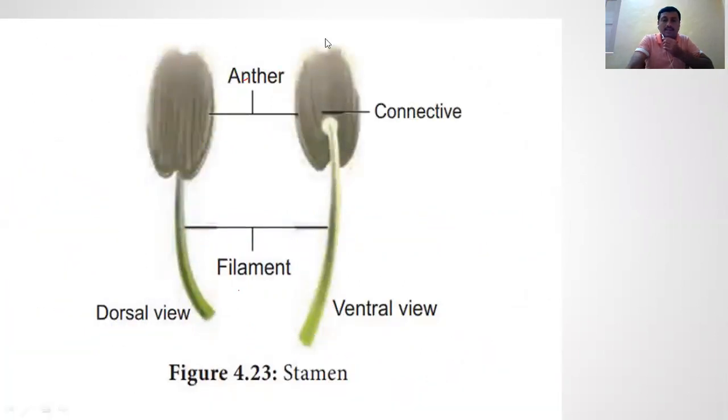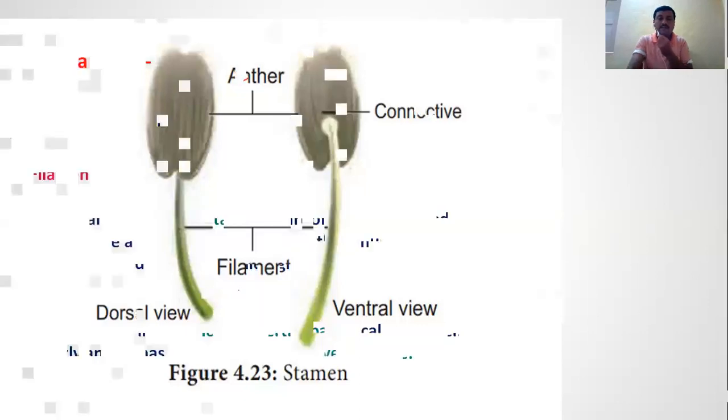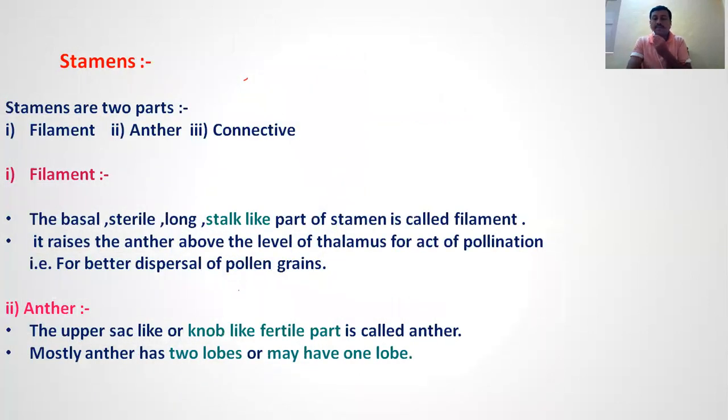Because it is the fertile part, pollen grains are present in it. Pollen grains are the male gametes, and these are involved in sexual reproduction. Hence, it is the fertile part of the stamen.